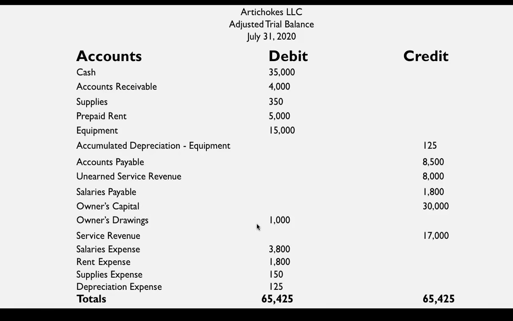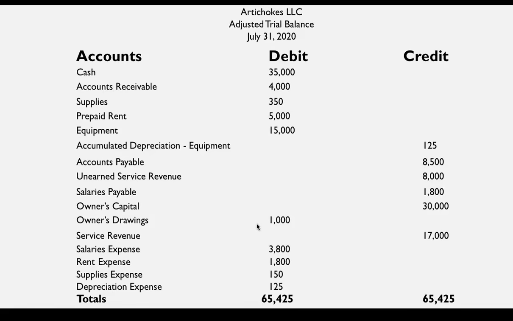And again, just because they add up doesn't mean that everything was correct, but it means that you're probably on the right track. Right? So if they didn't equal, then we'd have to go back and find a mistake. But if they equal, we can just move on with our day and assume that we did everything correctly.